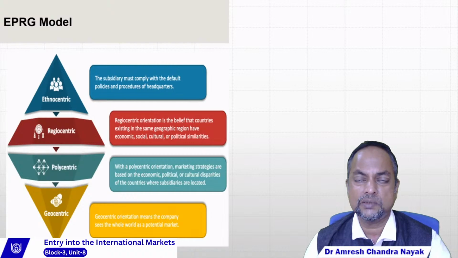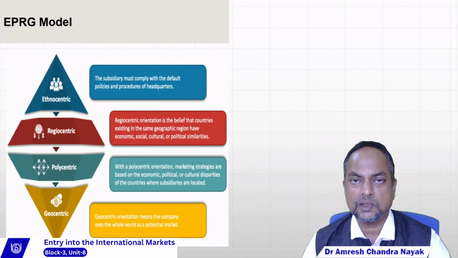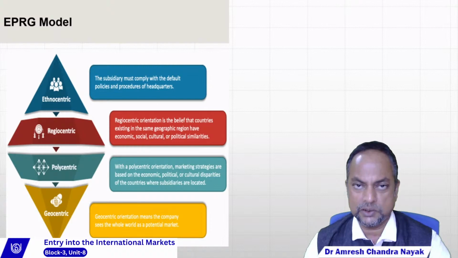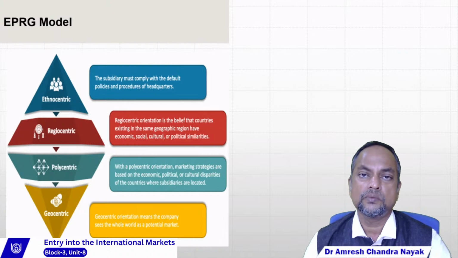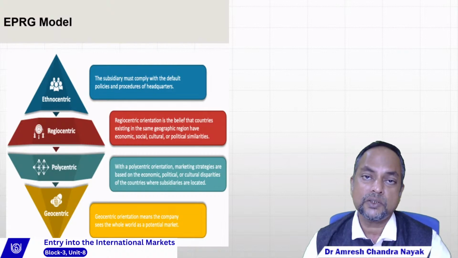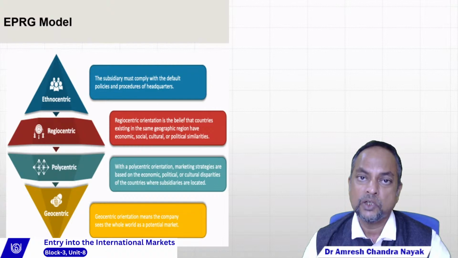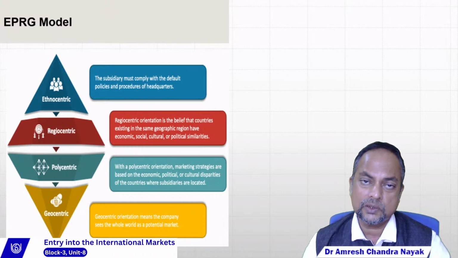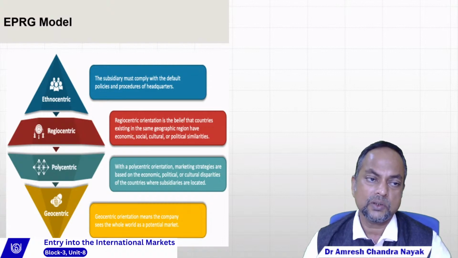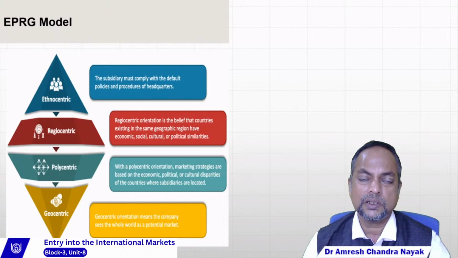International, multinational, transnational, and global organizations. Now, based on that, there are different strategies adopted by organizations for these 4 phases: the ethnocentric approach, the polycentric approach, the regiocentric approach, and the geocentric approach.